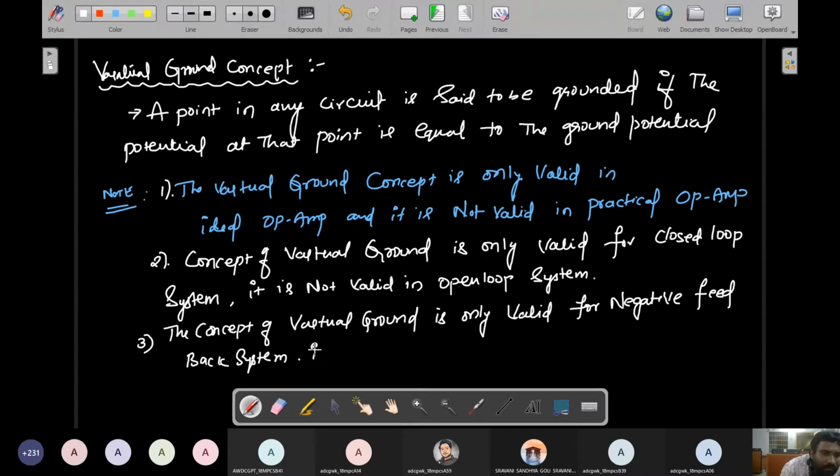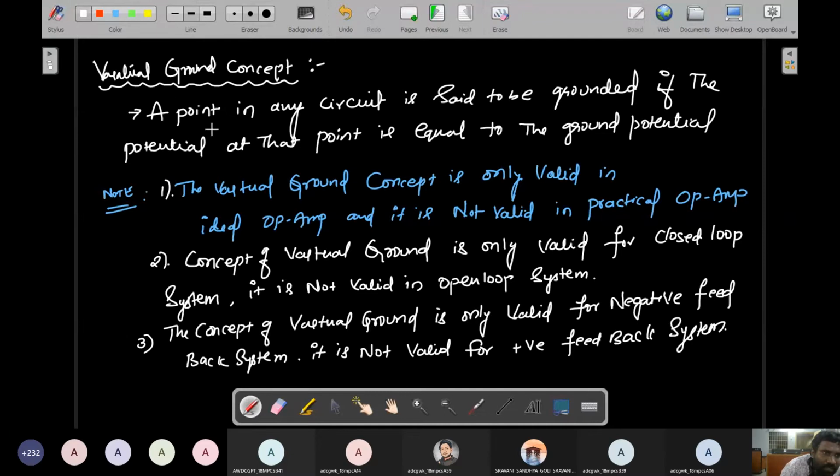It is not valid for a positive feedback system. So these three points are very important before going to the virtual ground concept. You should understand the three points first.